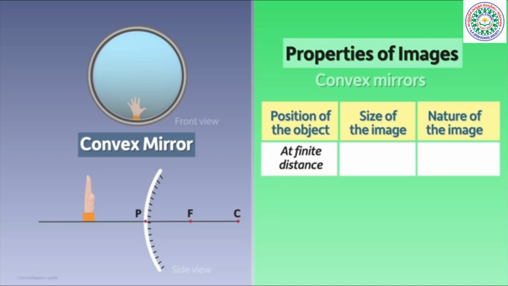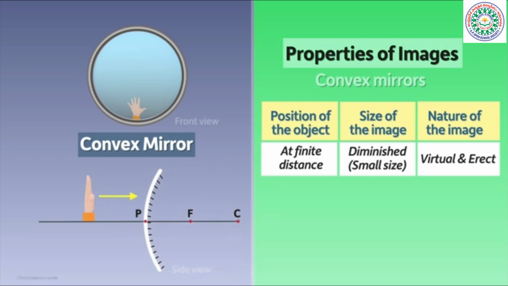This is very clear. The image is diminished. The light rays seem to come from the point behind the mirror. But obviously, we know that no image is formed there. So this is a virtual image. Also, it's an upright image. Remember that every virtual image is an upright image.